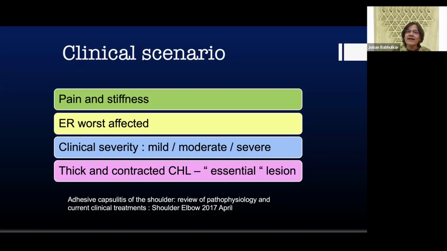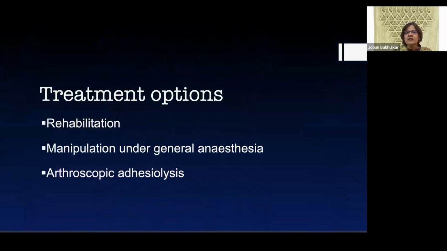But what I want all of you to realize is that it is basically the thick and contracted coracohumeral ligament which is the so-called essential lesion of adhesive capsulitis. And whatever symptoms and signs the patients exhibit are a result of, or secondary to, this thick and contracted coracohumeral ligament.